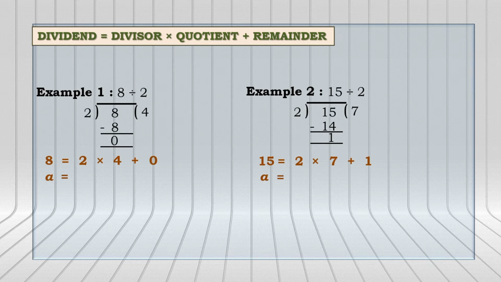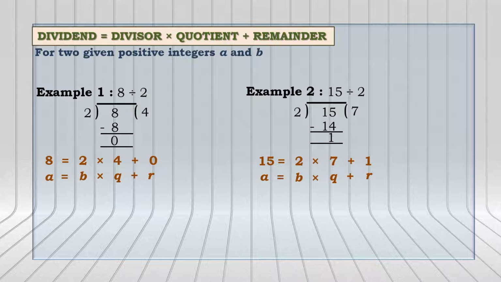If we consider the dividend as A, the divisor as B, the quotient as Q, and the remainder as R, then we can write A equal to B into Q plus R. So for two given positive integers A and B, A is equal to BQ plus R, that is, dividend equals divisor into quotient plus remainder.